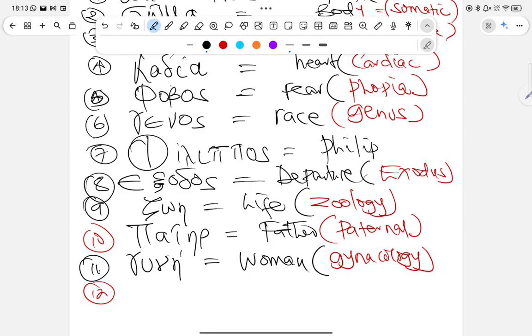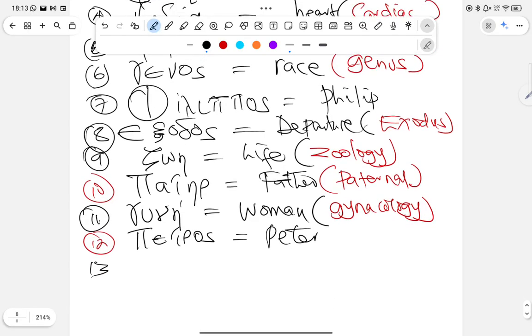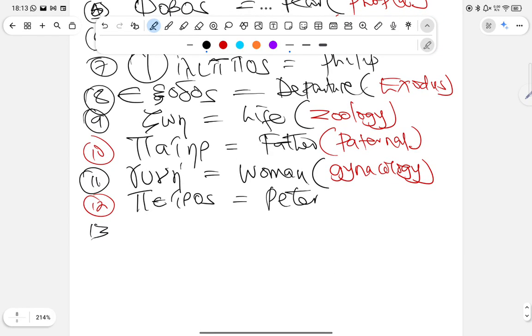12 is Petros. And think of, it is Peter, right? 13 is Theos. Which is God.